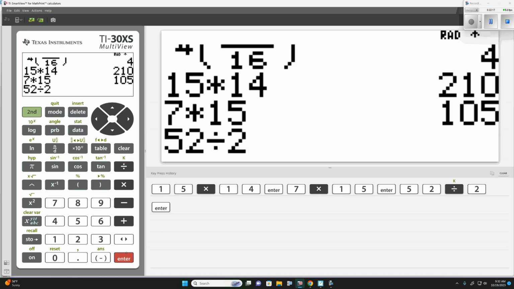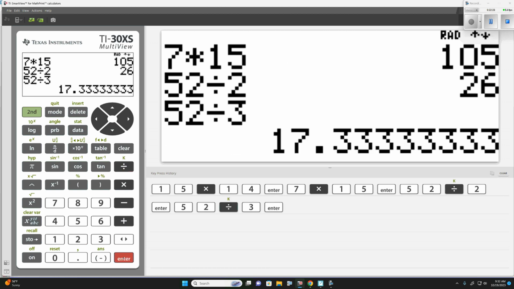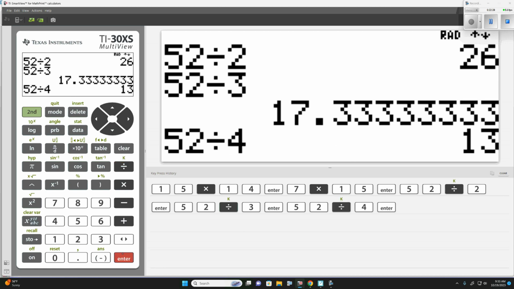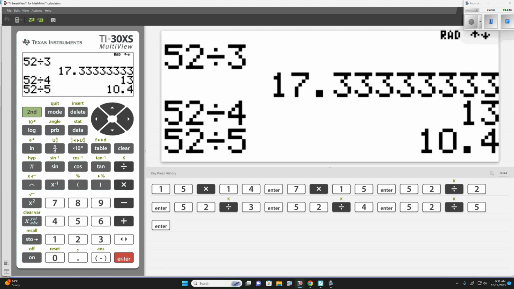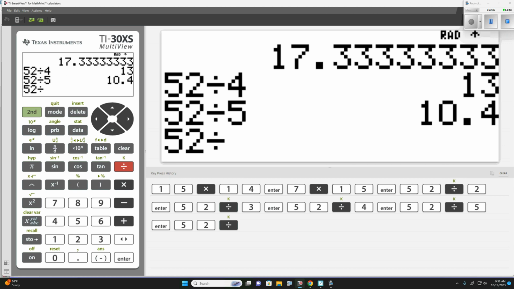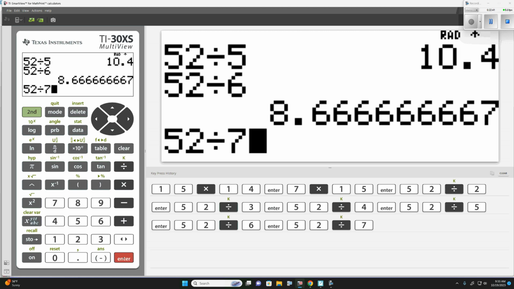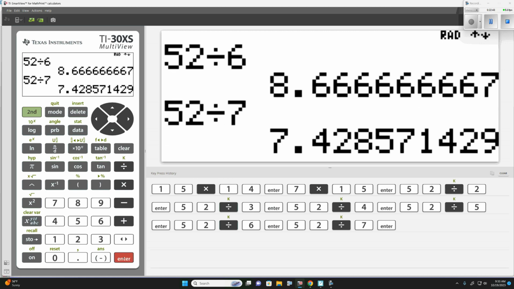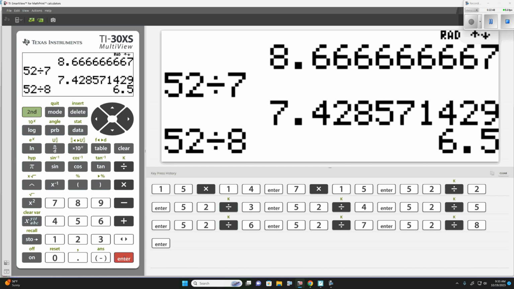Then we can say 52 divided by 2, so we have 2 and 26. 52 divided by 3 gives a repeated decimal. So then we can do 52 divided by 4: 4 and 13. 52 divided by 5, it's not a whole number. 52 divided by 6, so 6 doesn't work. 52 divided by 7, no.